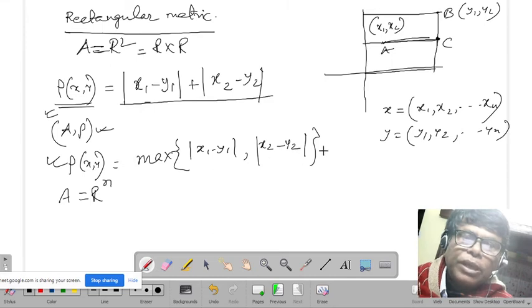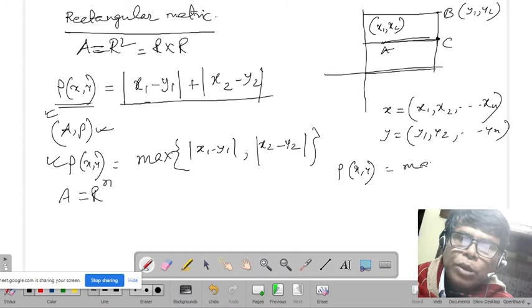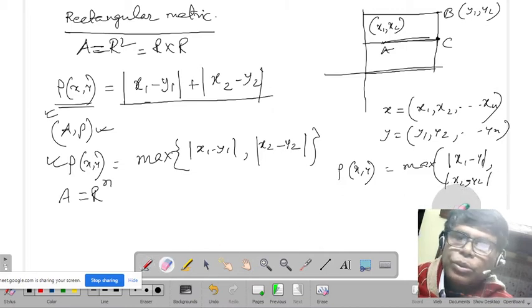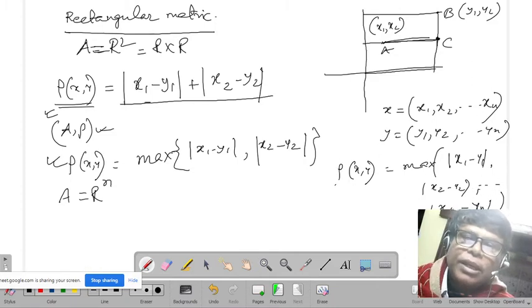So rho of xy is equal to max of modulus x1 minus y1, modulus x2 minus y2, and so on, modulus xn minus yn. Okay, max of this, that also forms a metric space.